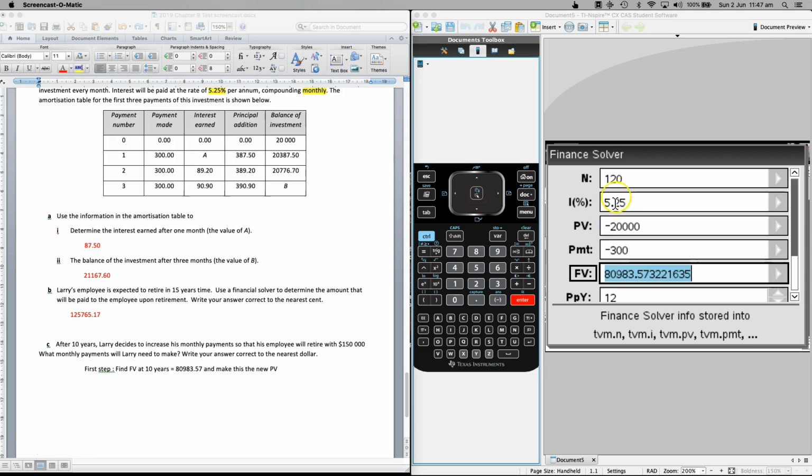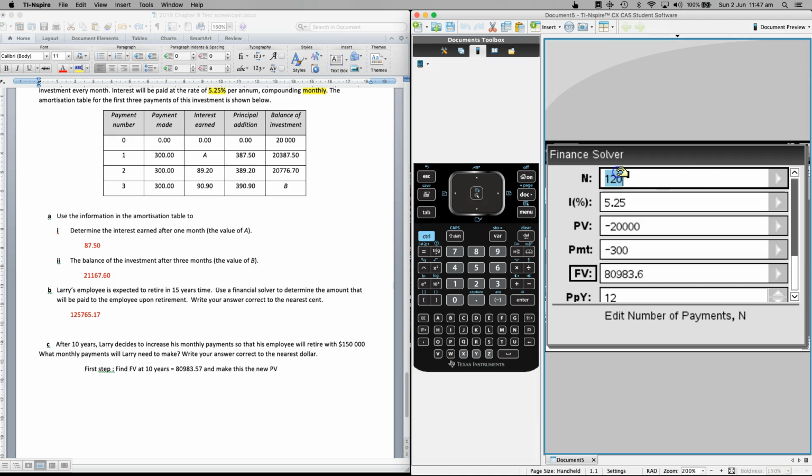All right, so we've got 5 years remaining. So we've found out the value at 10 years. There's another 5 years, so 5 times 12, which will be 60. And it's almost like he's starting a whole new annuity investment. So we're going to put in that new PV, negative 80983.57.